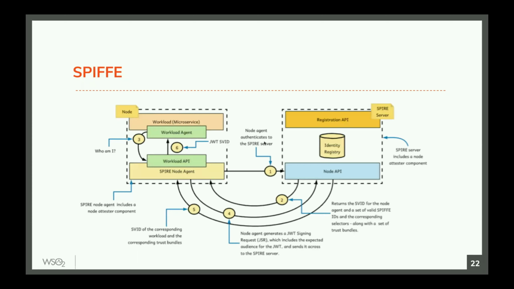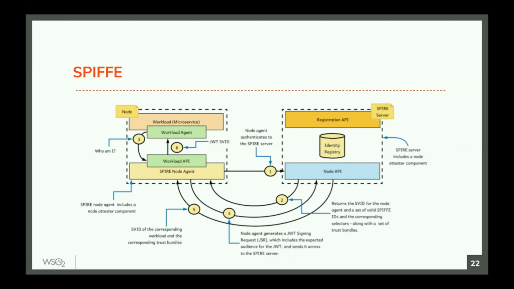Yeah. So this is another application of JWT. I won't go into details. So SPIFFE is a project that helps you to bootstrap trust between multiple workloads in a platform agnostic manner. It is doing that with something called SVID, SPIFFE verifiable identifier.